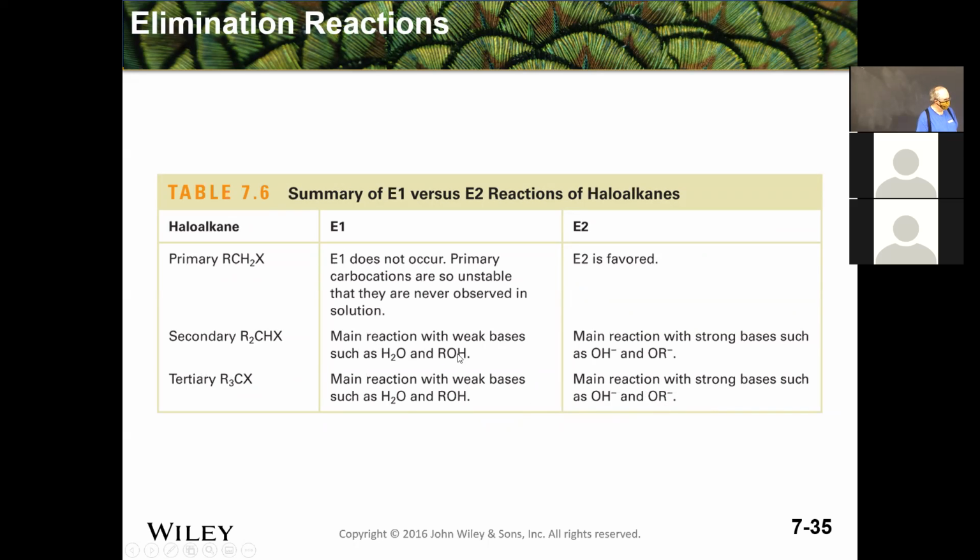So with secondary, it depends on whether we have a strong or weak base. Actually, the same way with tertiary. OH minus, OR minus are strong bases, so they're going to favor E2. Water and alcohols are weak bases, so they'll favor E1.